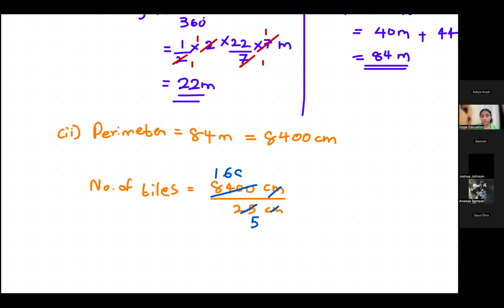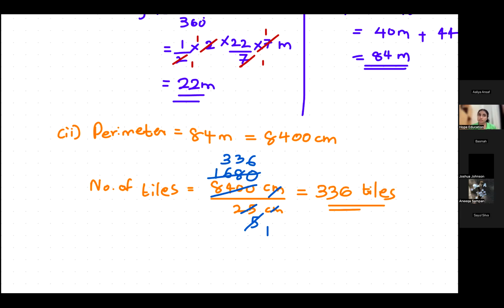Then 5 times 1 is 5. 5 times 3 is 15. 16, 1 remaining. 18 is also 5 times 3 is 15, 16, 17, 18, 3 remaining. 30 is 5 times 6. So you should get the number of tiles as 336 tiles.